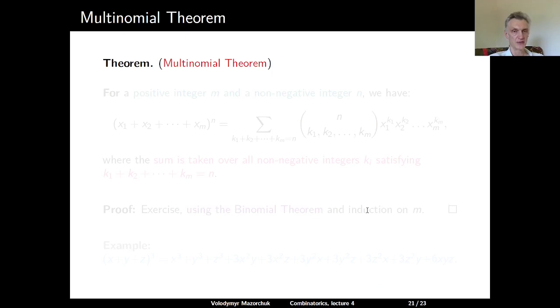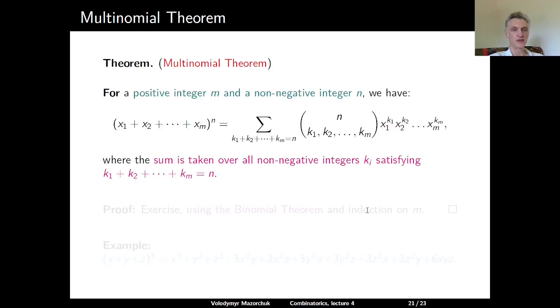So we have the multinomial theorem. For a positive integer m and a non-negative integer n, we have the following expression: x1 plus x2 plus and so on plus xm to the power n can be written as a sum taken over all k1, k2 and so on, km, non-negative integers which add up to n, of the coefficient n choose k1, k2 and so on, km, times the monomial x1 to the power k1, x2 to the power k2 and so on, xm to the power km.